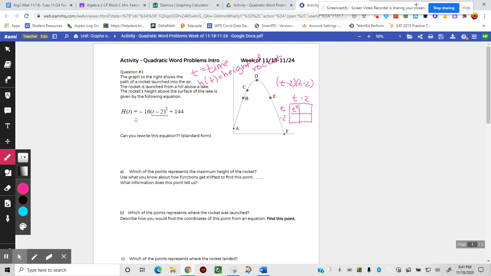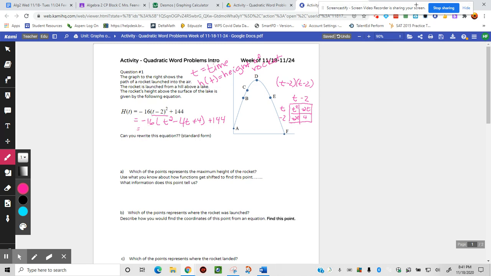I get t squared minus 2t minus 2t. Okay, so when I start to rewrite this, I get negative 16 times t squared minus 4t plus 4, and then plus 144.